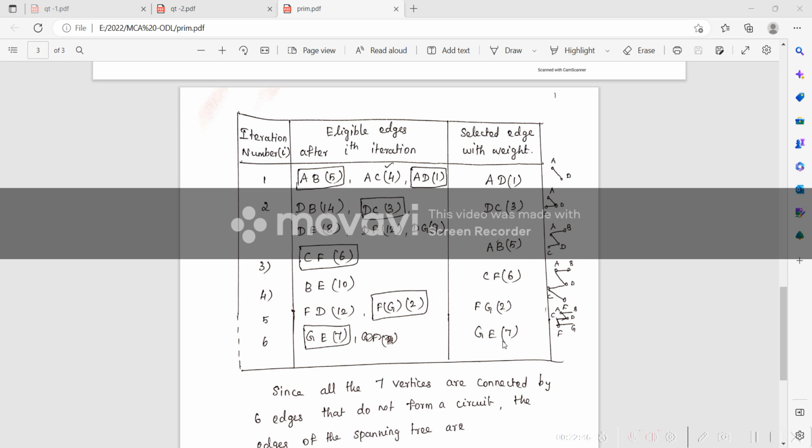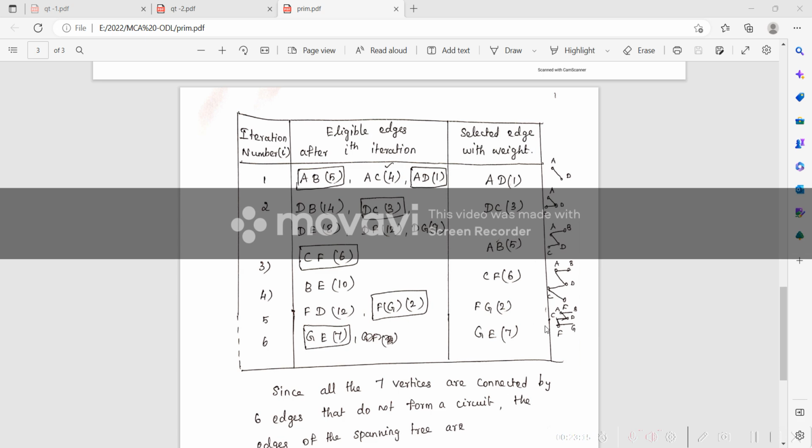So we selected GE. So from this G we are going to introduce one new vertex, namely E, and that one is joined by GE. So totally 1, 2, 3, 4, 5 and now one more we are going to introduce. So 6. So 7 vertices are there and 6 edges we constructed.